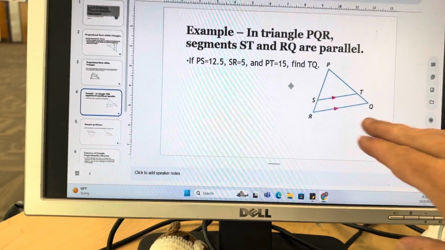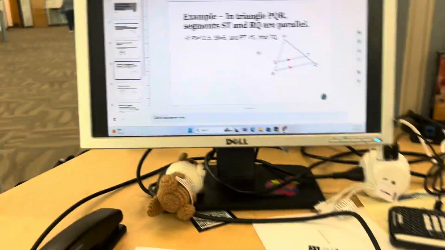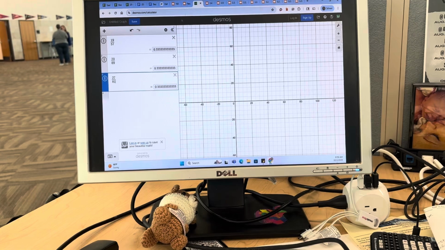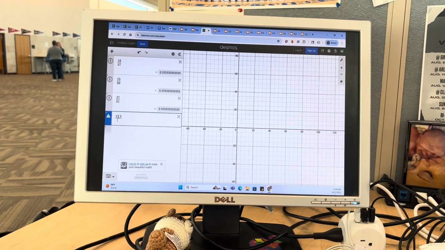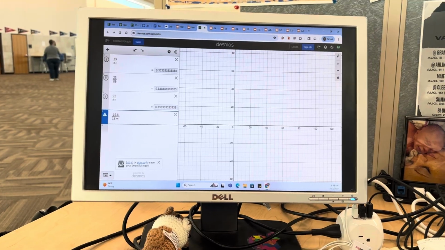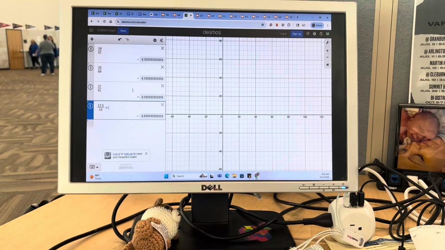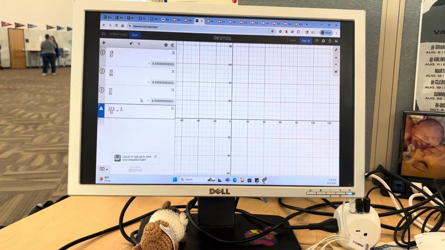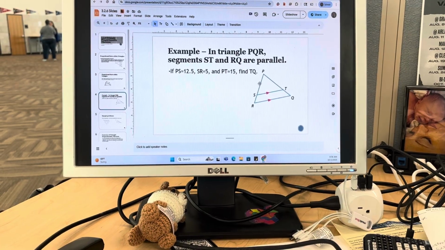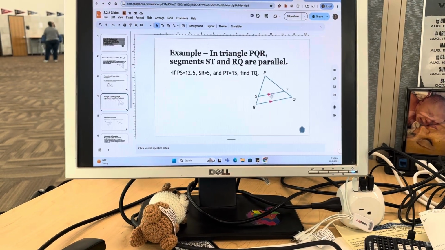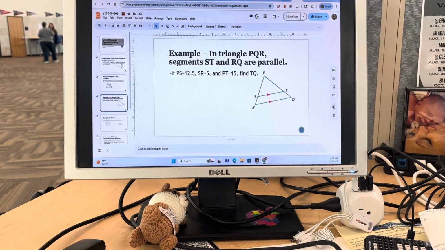So this would be 12.5 is to 15 as 5 is to X. If we go Desmos on this one, I'll just type that out as I'm saying it. 12.5 is to 15 as 5 is to X. I'm just going from left to right.